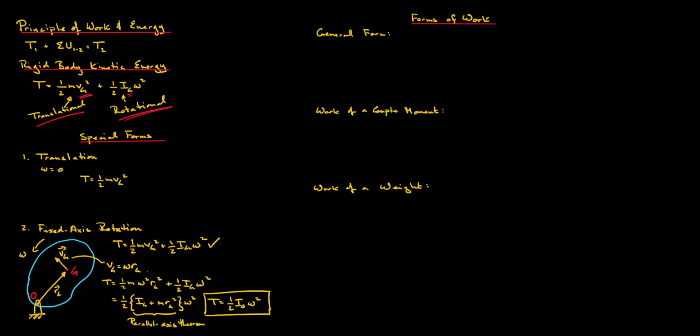All right, so we've spent some time looking at the kinetic energy term in our principle of work and energy. Now it's time to turn our attention to the work. There are different forms of work, and we're going to look at a few that are applicable to planar dynamics.